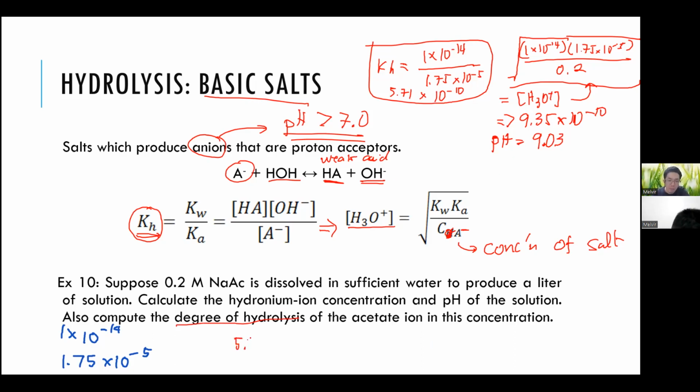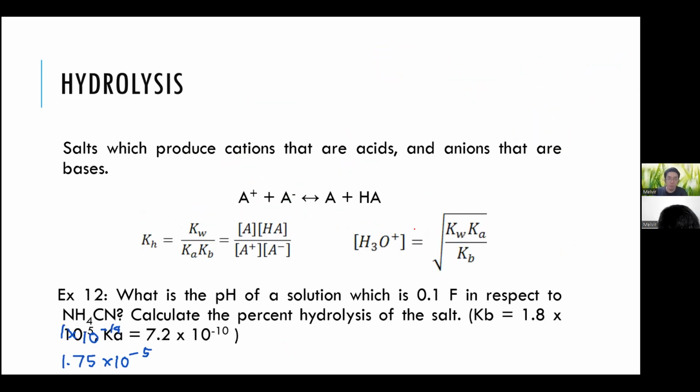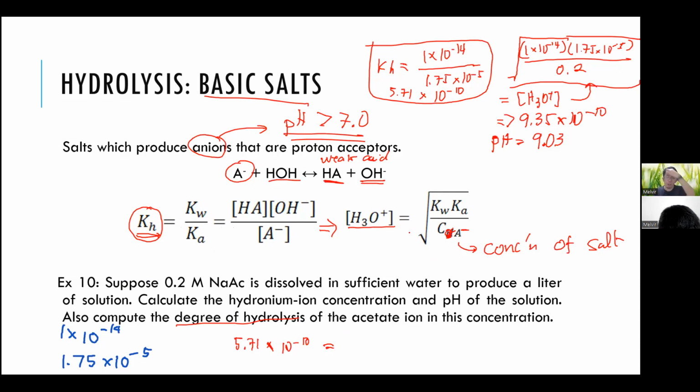So, 5.71 times 10 to the negative 10 is equal to, you will notice, H3O plus. Yes. Wouldn't it be OH minus first that we get? This is for OH minus. Or H3O plus. Yeah. Okay. That's fine.